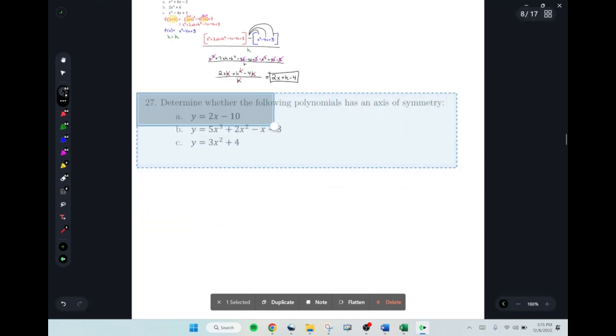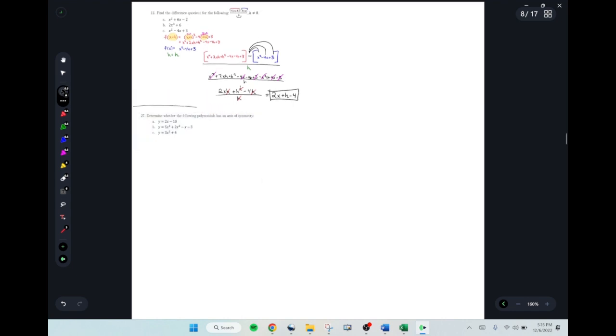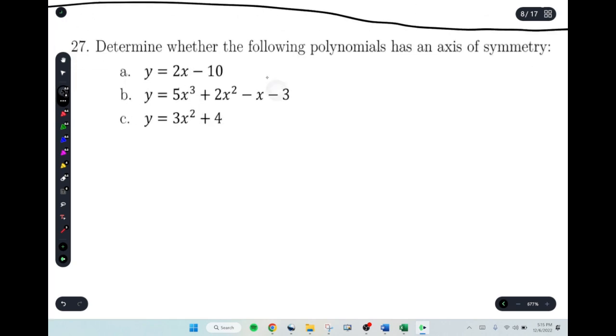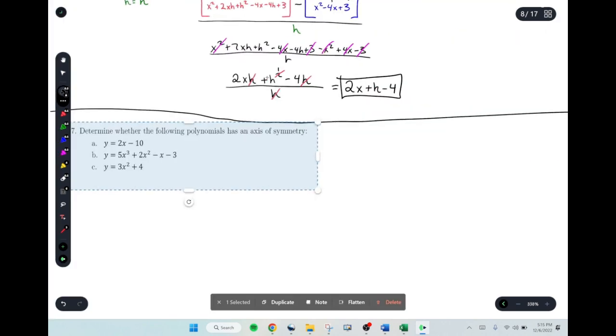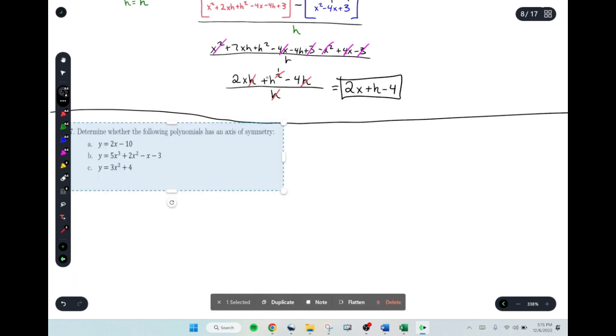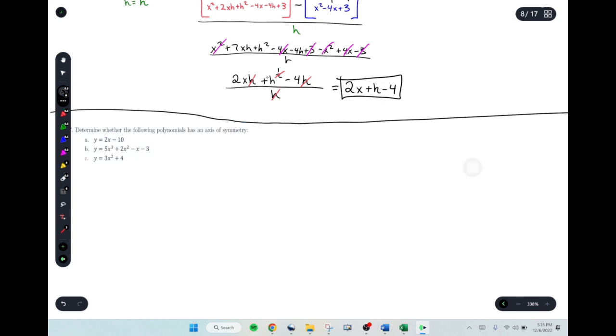Okay, so there are 3 different types. And even if you don't know how to find them, you could figure out what those 3 types of symmetry are. Without knowing anything about the polynomials themselves, I could tell you what this function has as an axis of symmetry right here.